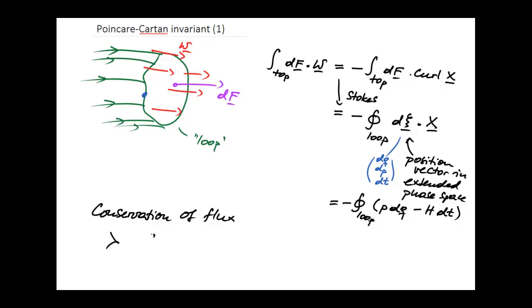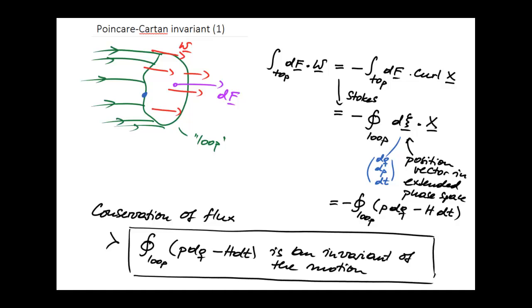So the loop integral of p dq minus h dt is an invariant of the motion. It must be the same for the initial loop and for the final loop. And this invariant loop integral has a name. It's a Poincare-Cartan invariant.